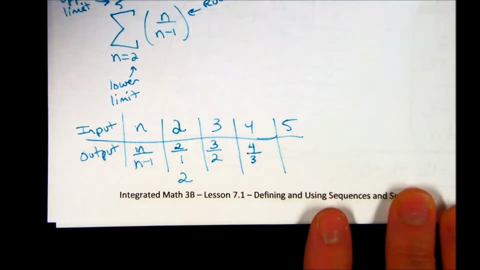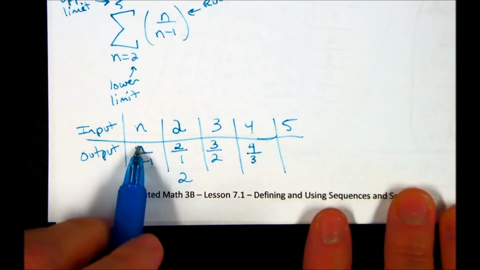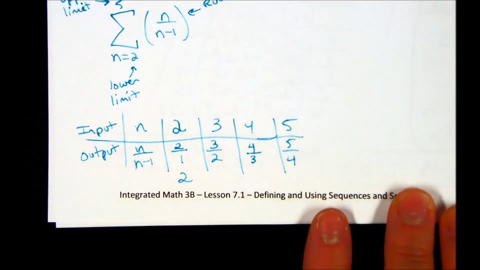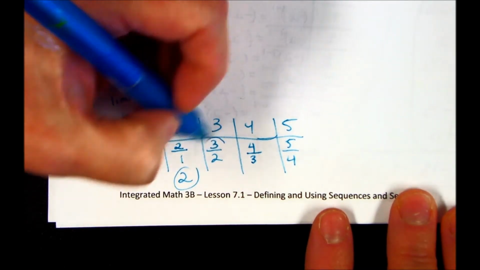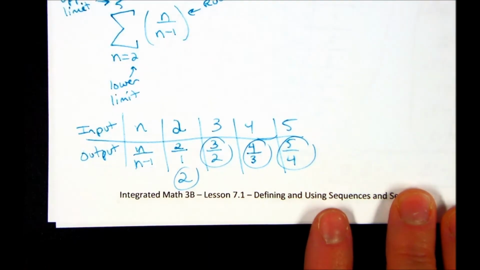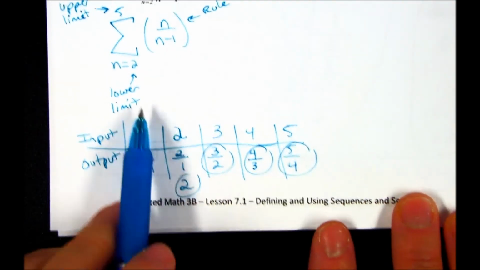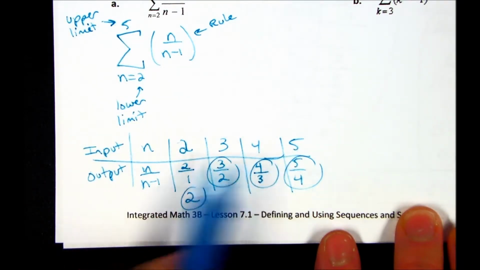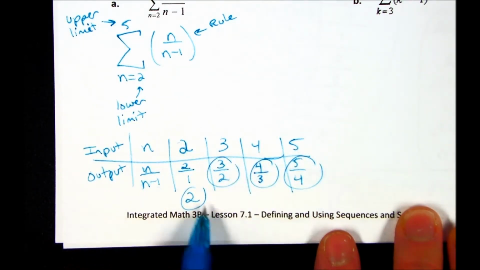And then the last number I would substitute would be 5. So 5 in the numerator, and then 5 minus 1, which is 4, in the denominator. So then what I need to do is add up my output values. So there's only 4 numbers because the lower limit was 2 and the upper limit was 5. 2, 3, 4, 5. Your second, third, fourth, and fifth term are only going to give you 4 outputs.